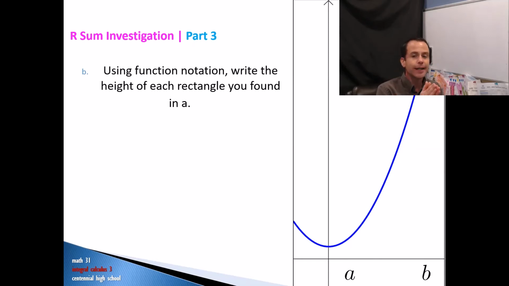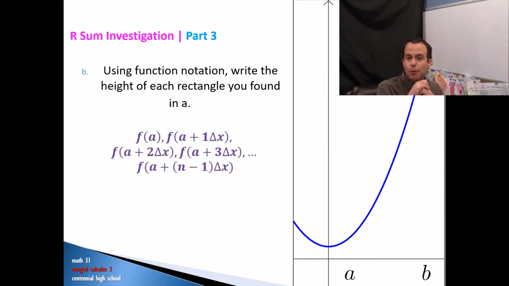So we start at f of a, and then the next one will be f of a plus 1 increment. So we say f of a plus increment of x. The next one would be f of a plus 2 increments away. The next one would be f of a plus 3 increments away.